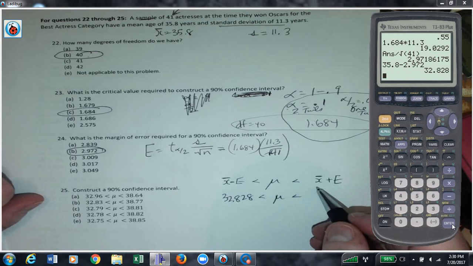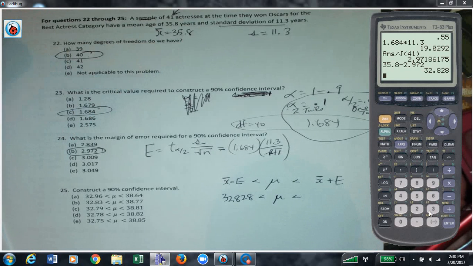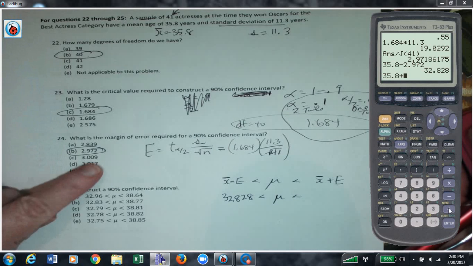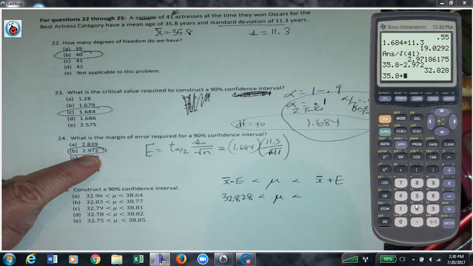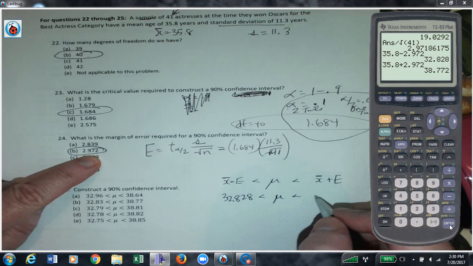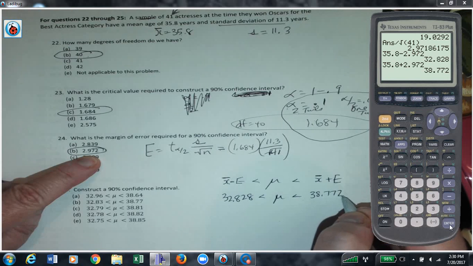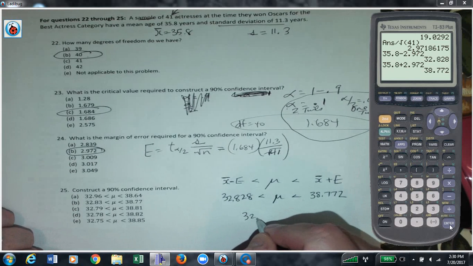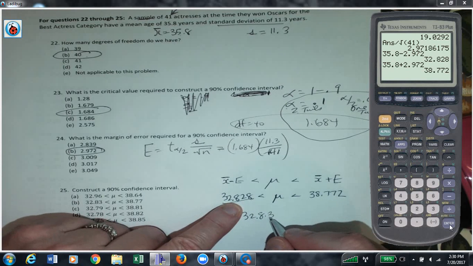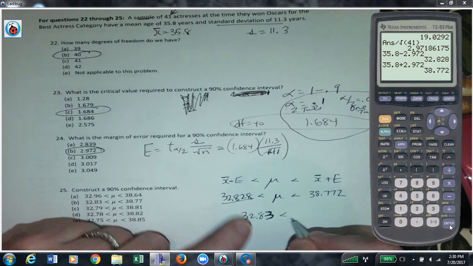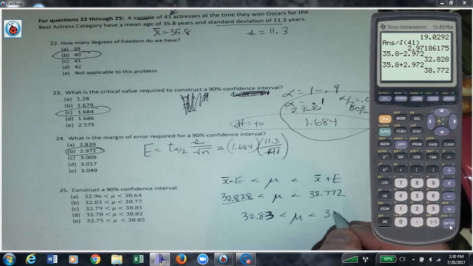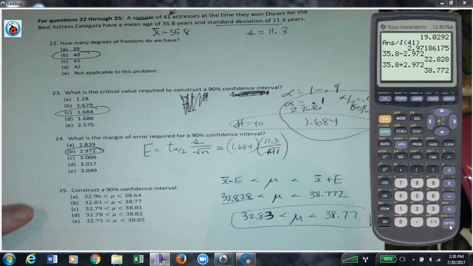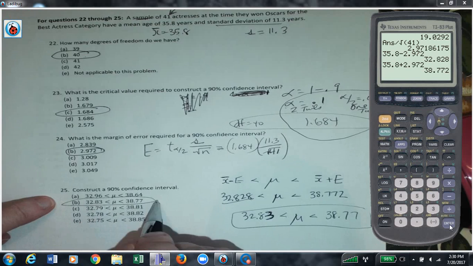And my upper limit is the mean, which is 35.8, plus my margin of error, which is 2.972, so 38.772. These are all taken to 2 decimal places, so if I round both to 2 decimal places, that's what I'm getting. And that's matching B exactly.